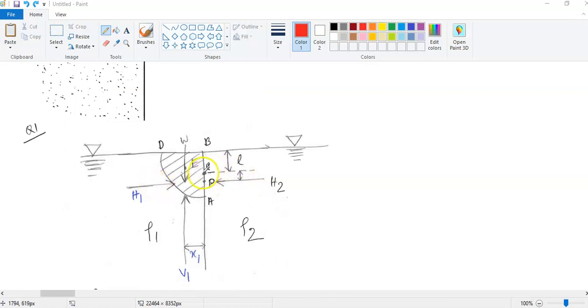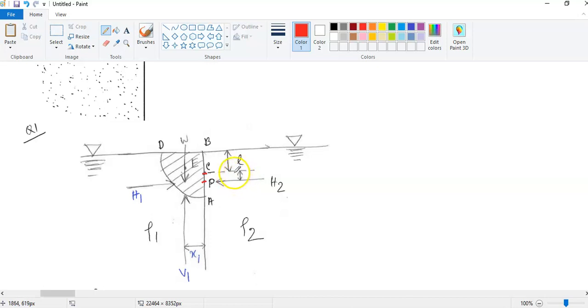Let's say this point is the centroid C, and this is the center of pressure, P. This P, the center of pressure, is always just below the centroid. If you go through the lecture slides, you will understand why it is below. So the distance between the centroid and the center of pressure is this distance.